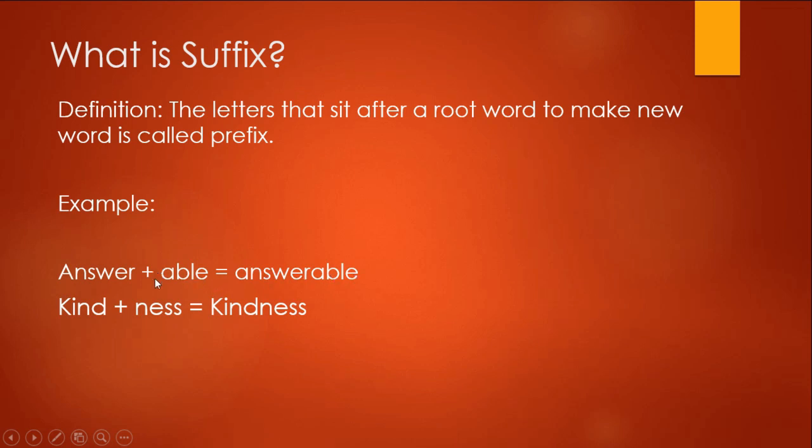So here able is a suffix. On the other hand, kind plus ness creates kindness. So ness, these letters are actually a suffix because it sits after the root word. Okay, when the letter sits after the root word, it is suffix.